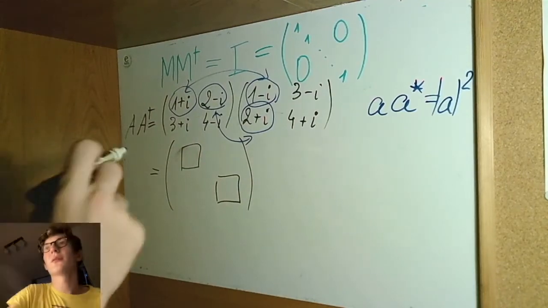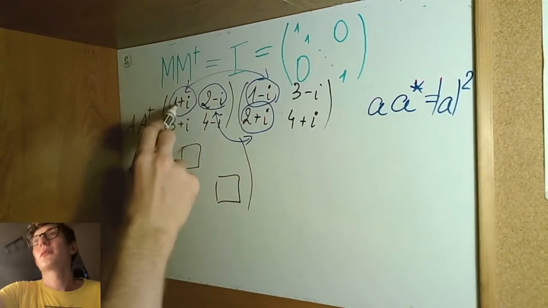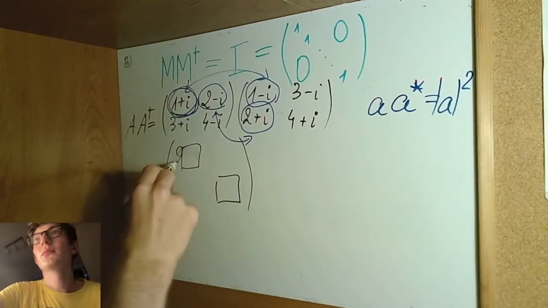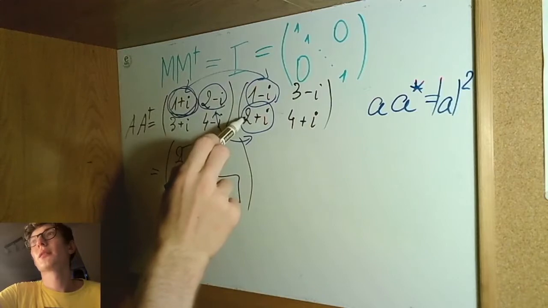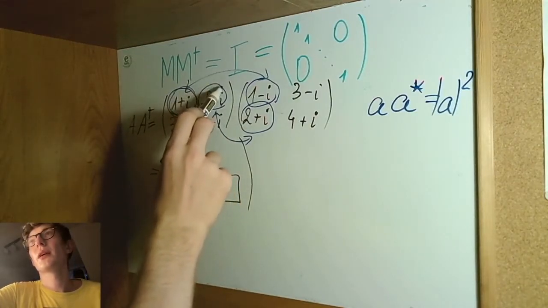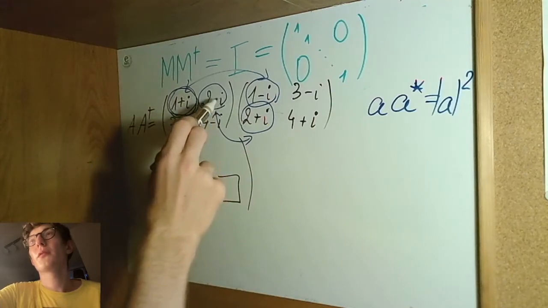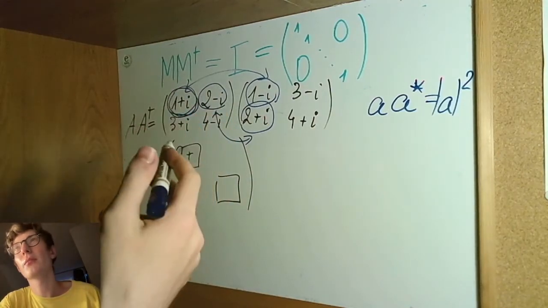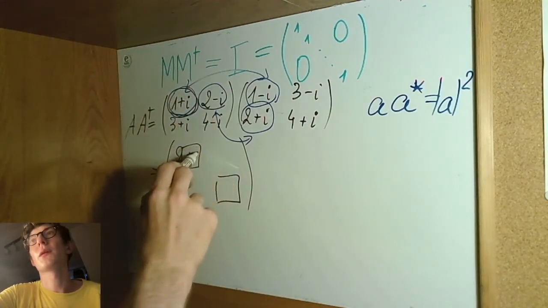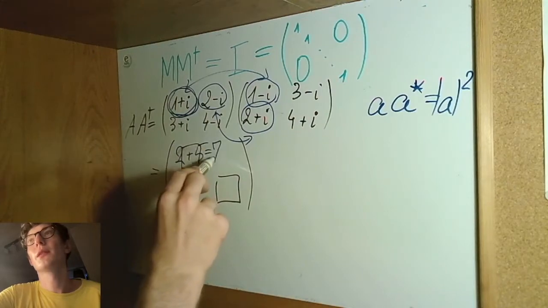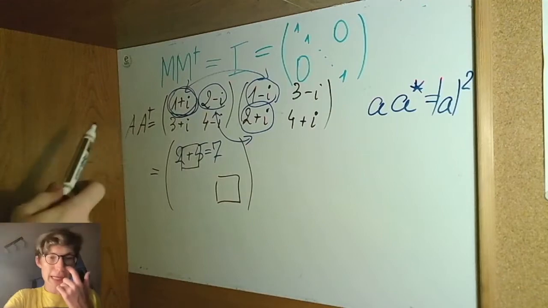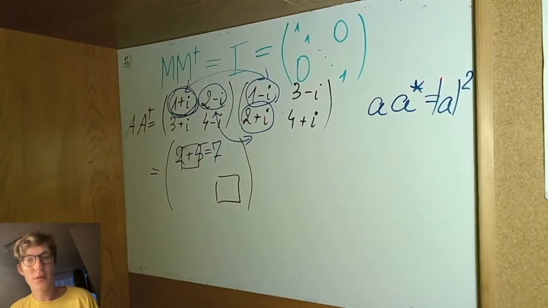So here the absolute value of this number is 2, plus the absolute value of this number, it is 2 squared, plus, of course I'm talking about the absolute value squared, 2 squared plus 1 squared, so it's 5, so it's 7, so it is not 1. So this matrix A for sure isn't unitary, okay?